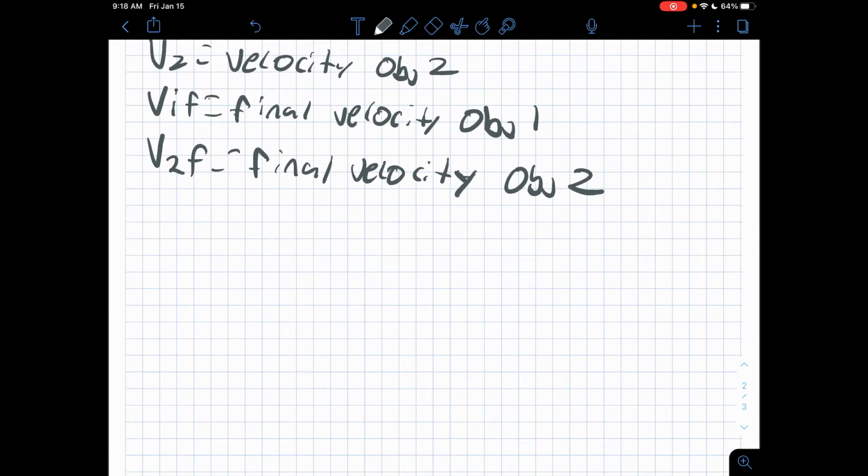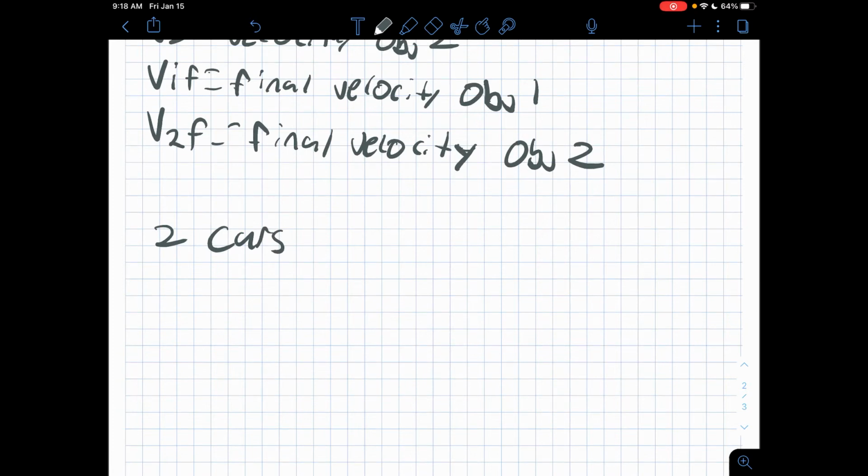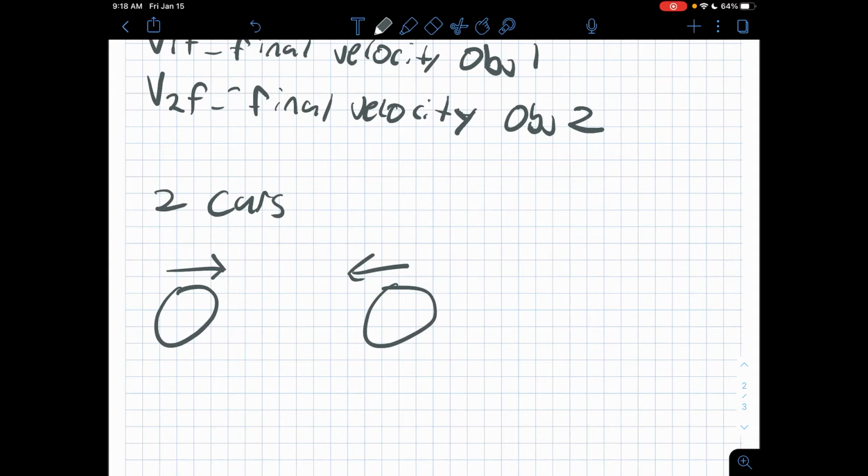So we can do a couple of example questions right now. For the first one, we have two cars, and let's say they're driving on a highway and they are driving into each other. It'll look something like this. Two cars are driving into each other.